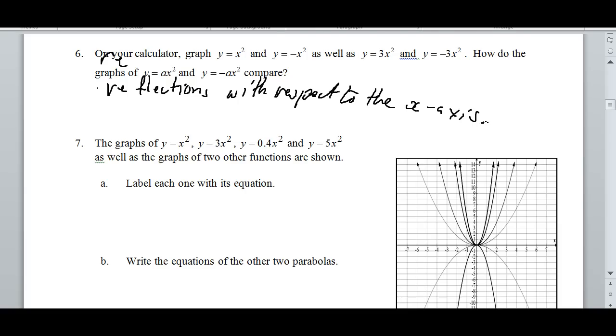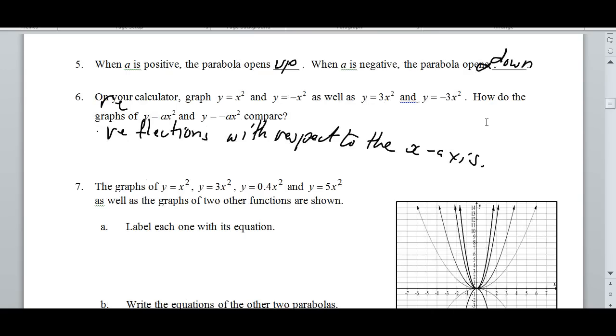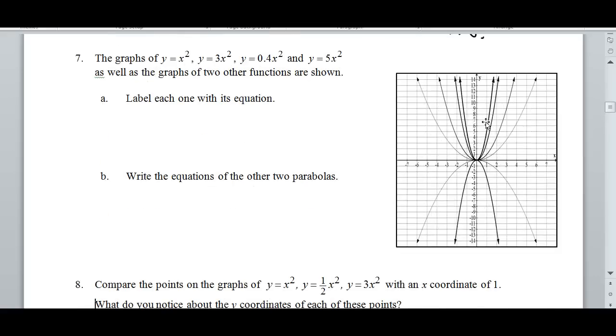Let's take a look at number 7. We have some graphs, y equals x squared, 3x squared, 0.4x squared, and 5x squared. We need to determine which is which. So we know y equals x squared. If you're over 1 unit, you should be up 1 unit. Over 2 is 4, and 3 is 9. So this curve here is y equals x squared.